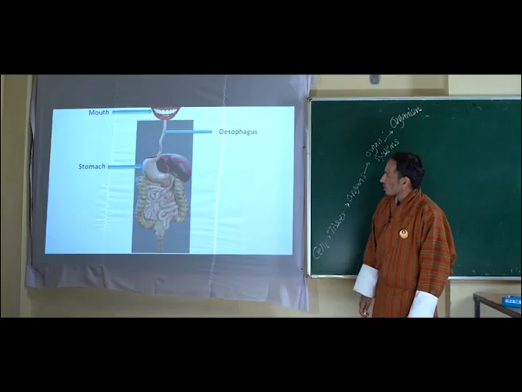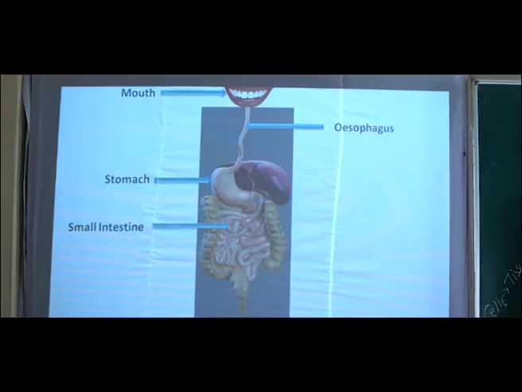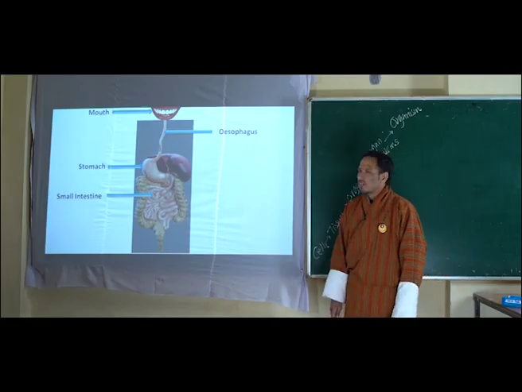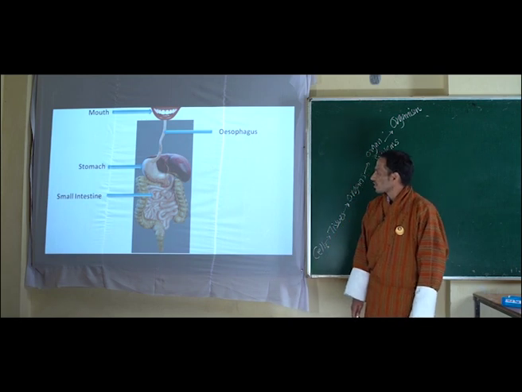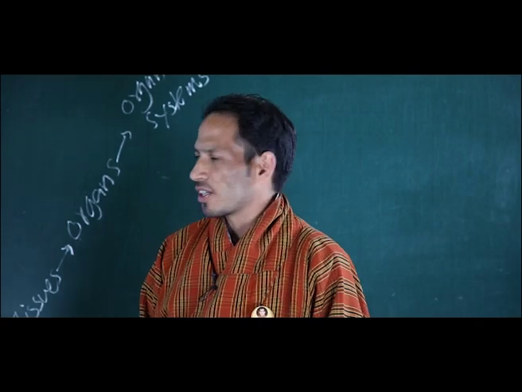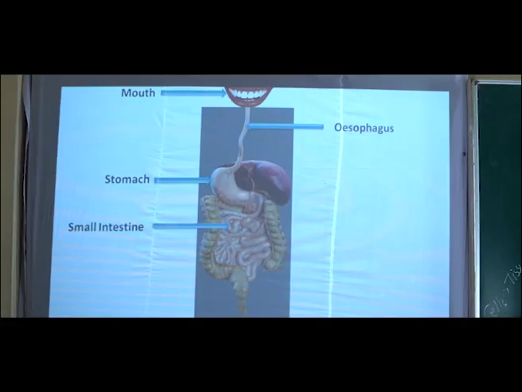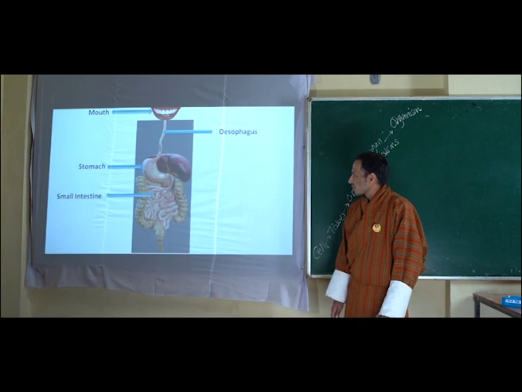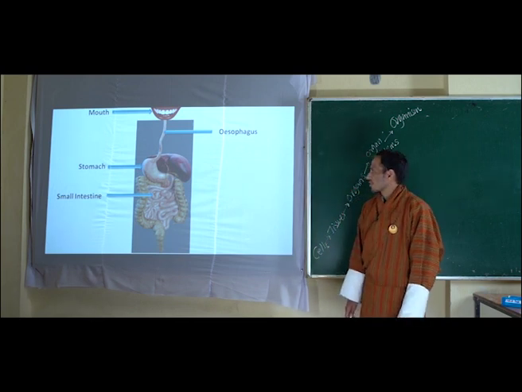And from the stomach, the food moves to the small intestine. And here in the small intestine, the maximum digestion and absorption happen. With the help of the digestive enzymes and digestive juice secreted by different digestive accessory glands, and also the digestive enzymes secreted by the lining of the intestine, the maximum digestion happens.